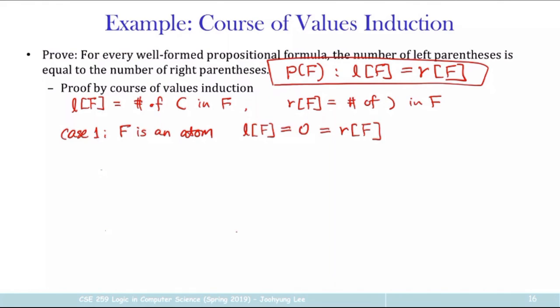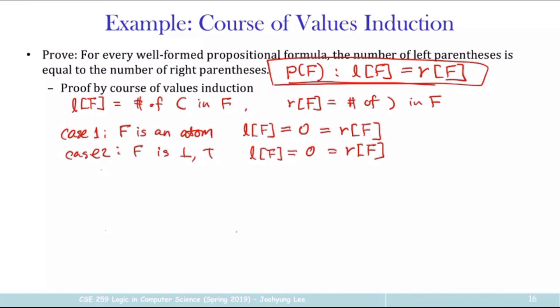Well, if f is an atom, these two are equal, so that's what we wanted to prove when f is an atom. Case 2, when f is a zero-place connective, bottom or top, I also want to show the same thing. How many left parentheses are in bottom or top? Also 0. So it's actually the same reasoning as before.